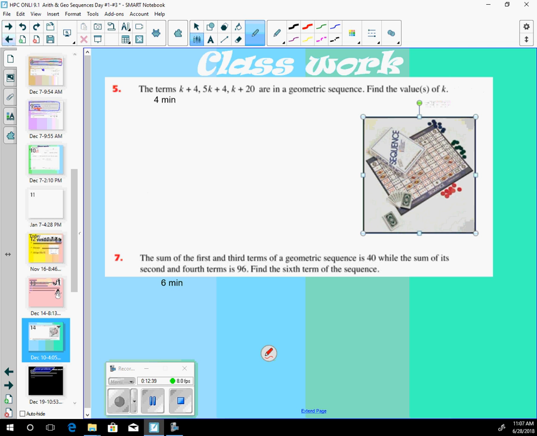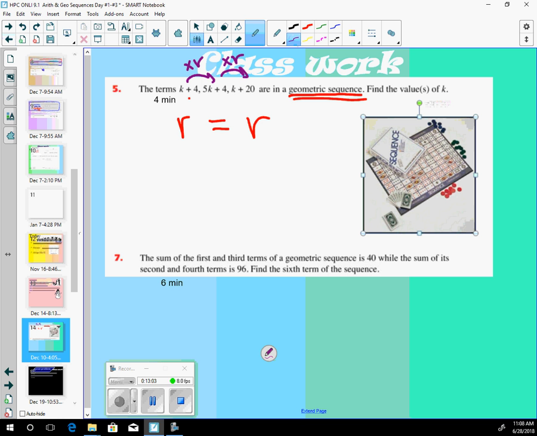And here's one that's kind of neat. If you have the terms k plus 4, 5k plus 4, k plus 20, and it's geometric, find the value of k. So you would agree that the ratio for a geometric sequence is always the same. We're always multiplying by the same r, right?